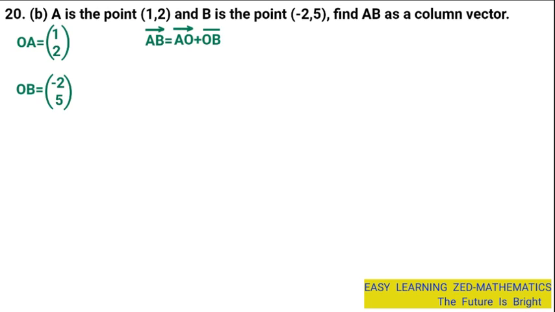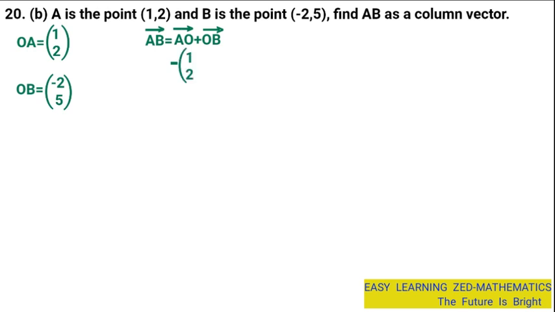Then once I've done that, the next thing I'm going to do is replace those. Now, since I've swapped OA to AO, that means the vector will become negative. So I'm going to put a negative sign outside the brackets.